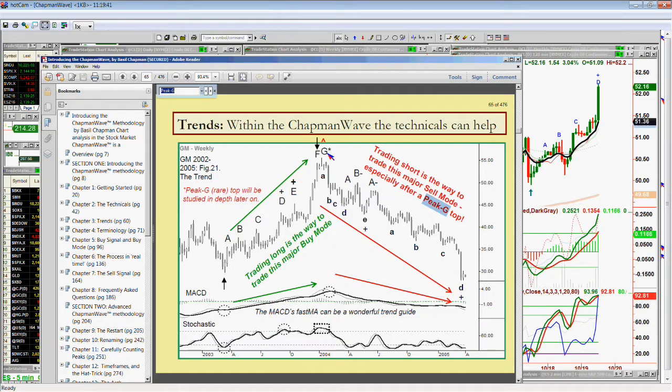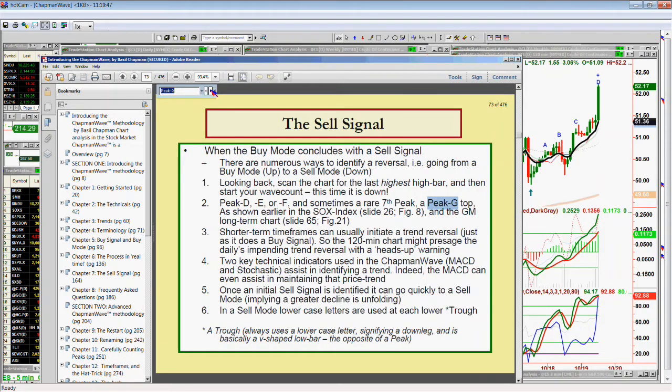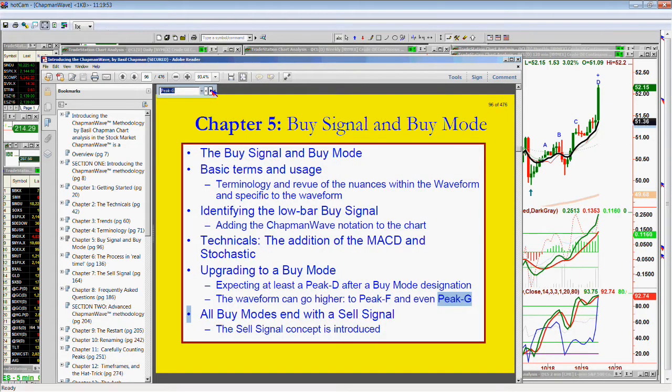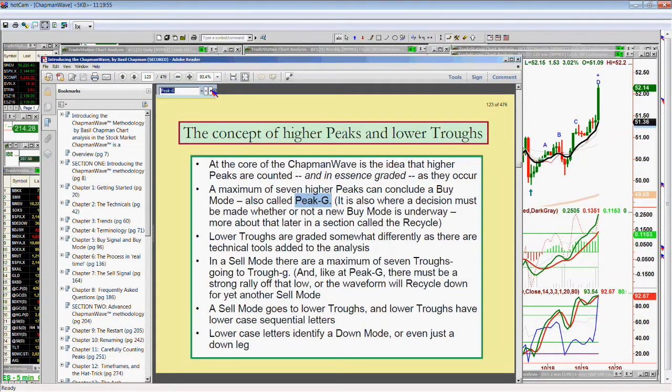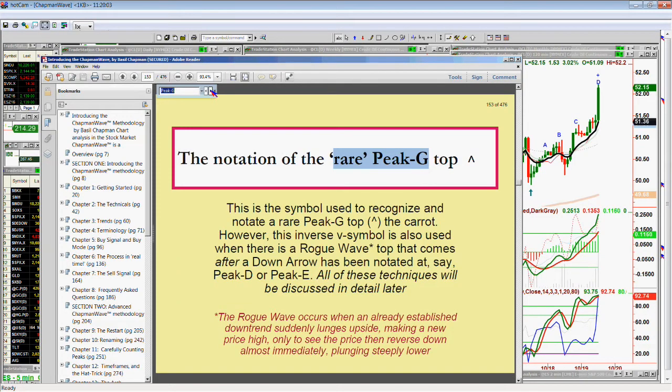It's unusual. And I'll just keep scrolling through terminology, sell signals, the G top. I discussed letters above peak D, G, chapter 5, buy signal and buy mode, what happens with the peak G. And the reason why I'm doing this, I'm going to show you something very interesting. Okay, the notation of the rare peak G top has an inverted V shape.